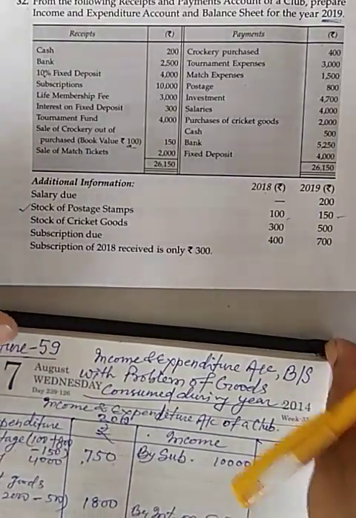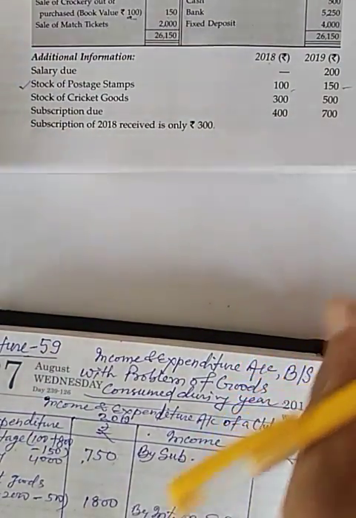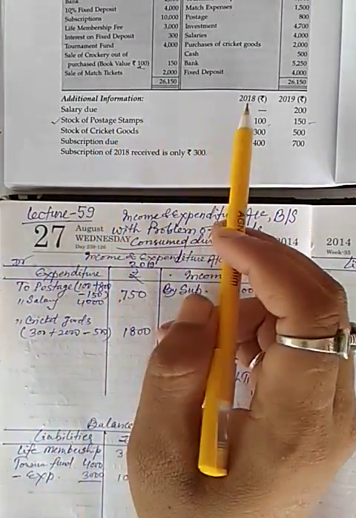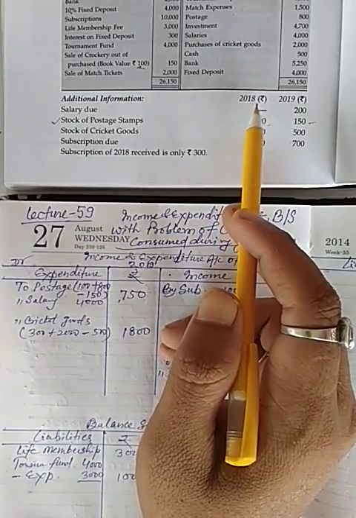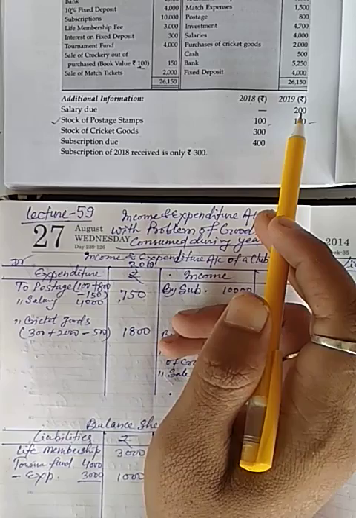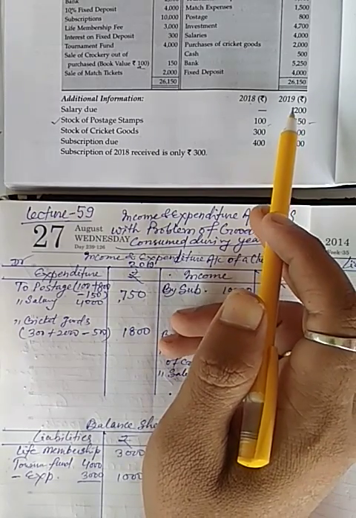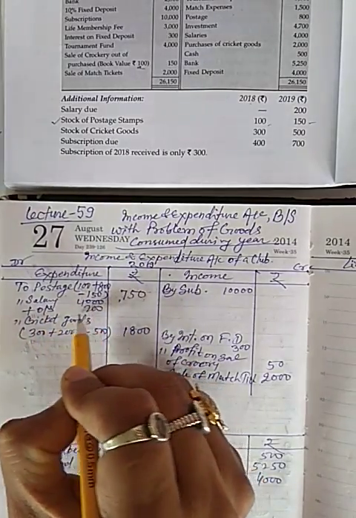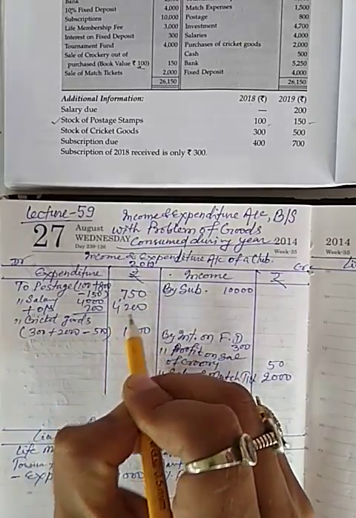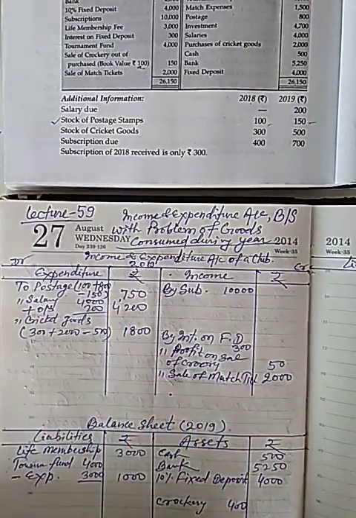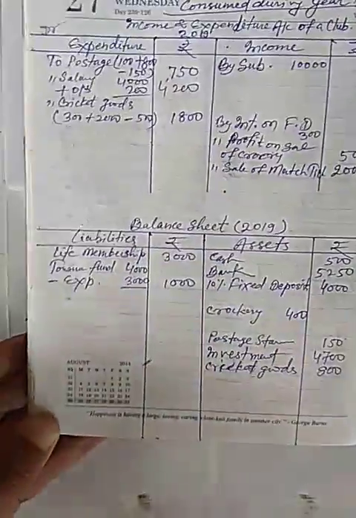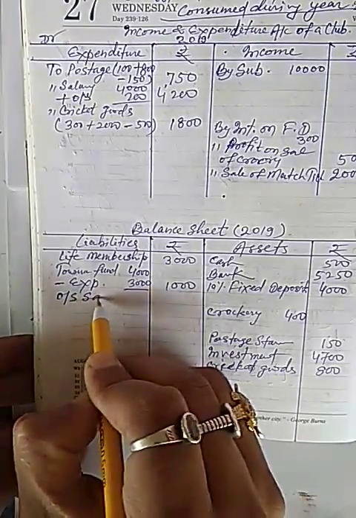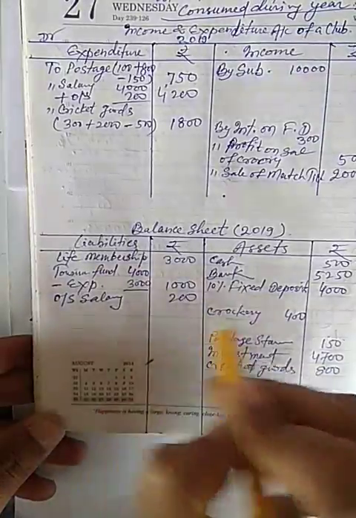Now the question says in additional information, salary due at the beginning is not given and at the end of the current year is 200, so I will add outstanding 200 and total will be 4,200, and it will be our liability, so I will write on the liability side outstanding salary 200.